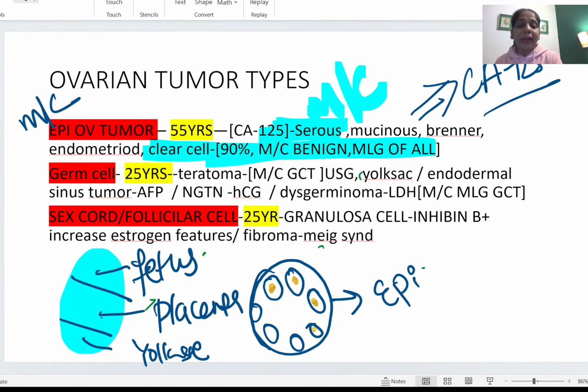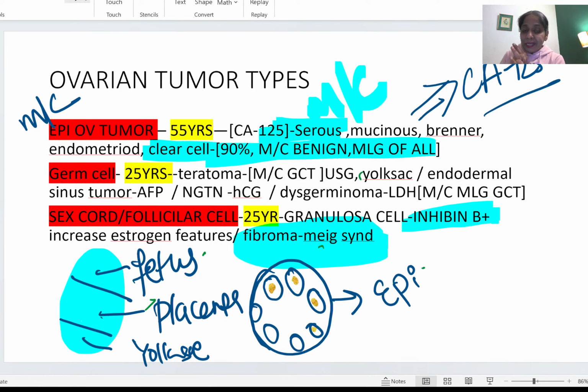So their tumor marker is inhibin B. Now you will not forget the granulosa cell tumor marker. Another tumor of sex cord type is fibroma, the fibrous cell, right? Fibroma.